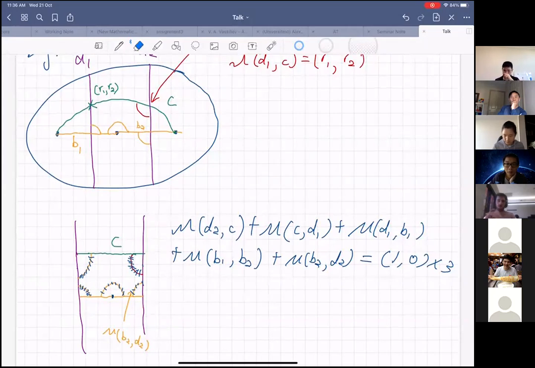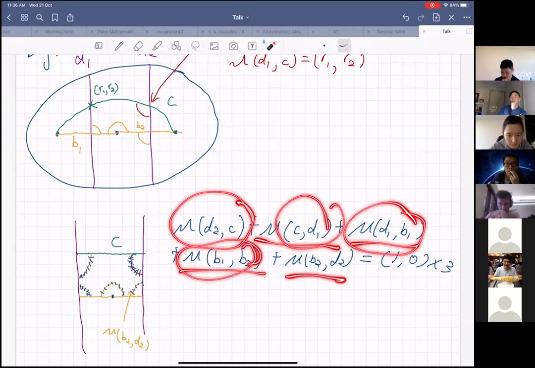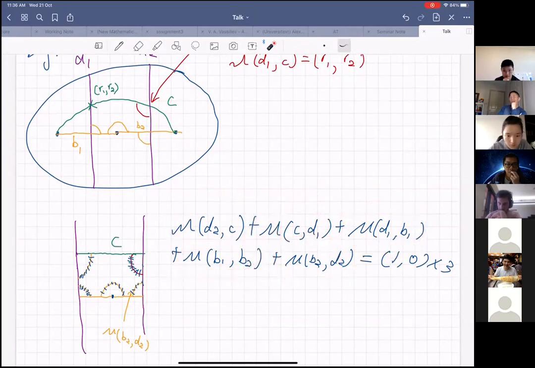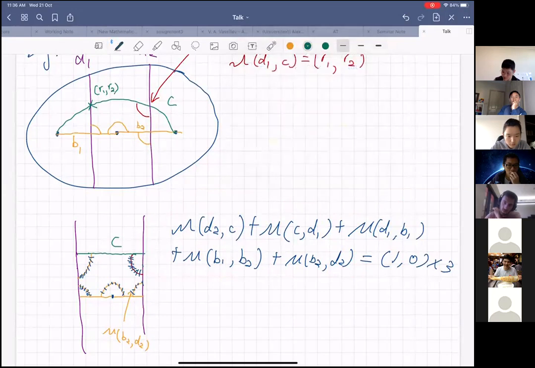So the next thing is to figure out how to write these things out. This is unknown, these are given. Can you also draw the pi vector on C, or on the orange line? The pi vector on C is just straight, like this.